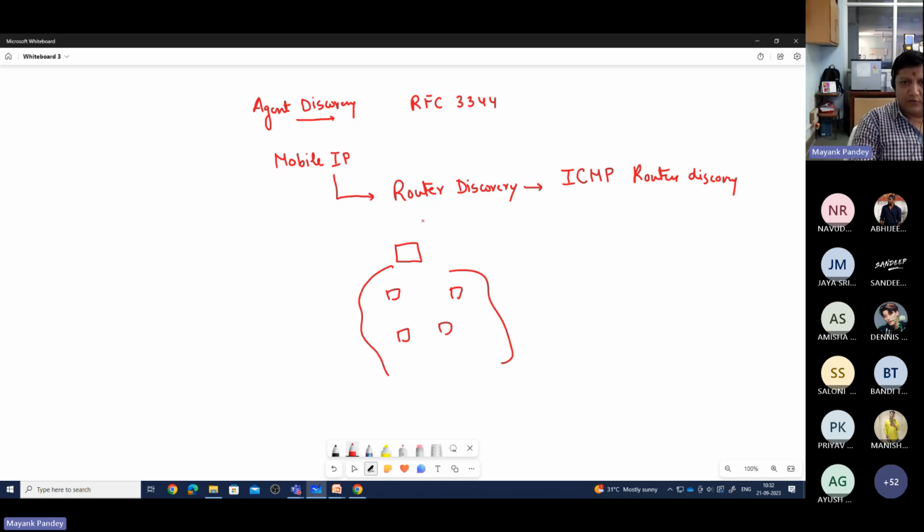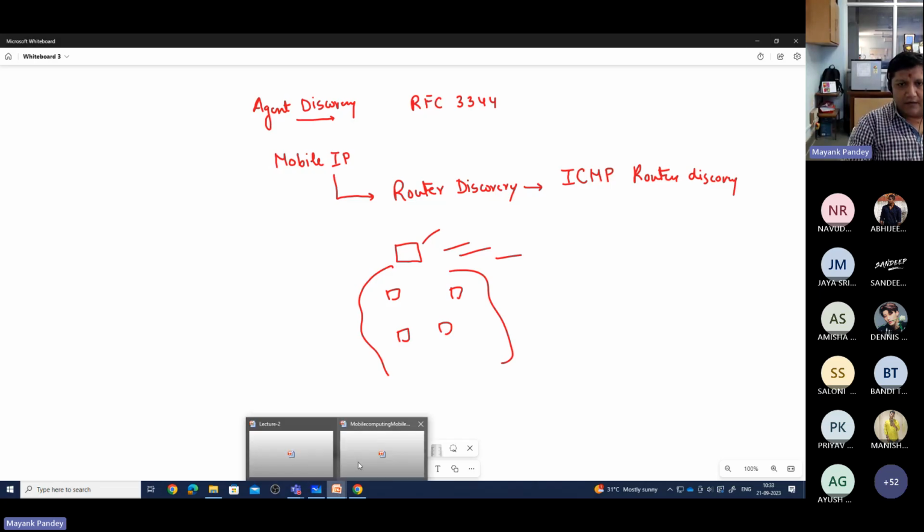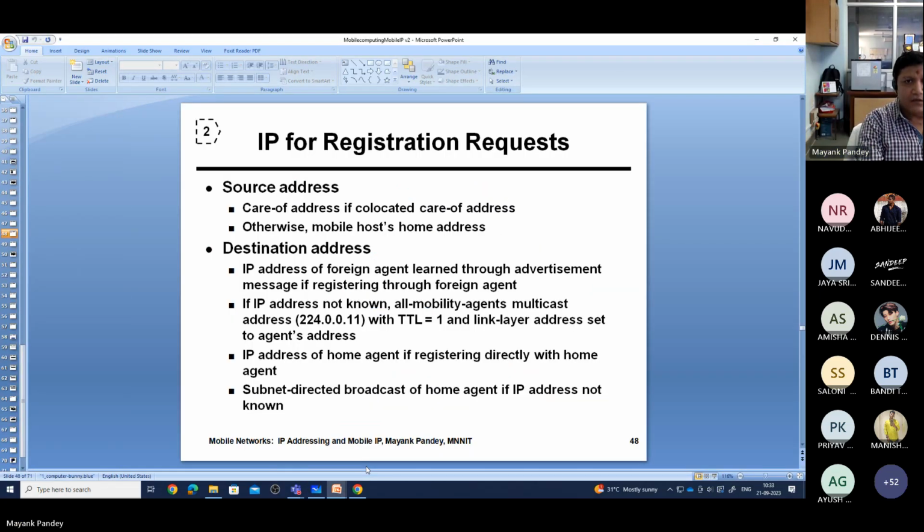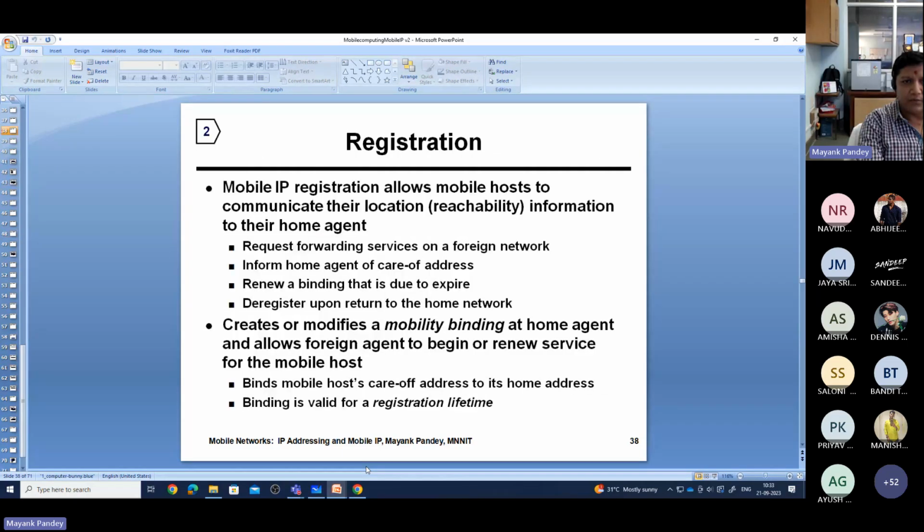So this router periodically sends the agent advertisement or router advertisement saying, I am the router, I am the router. What is that router discovery message? Just a minute, I'll be showing you that.